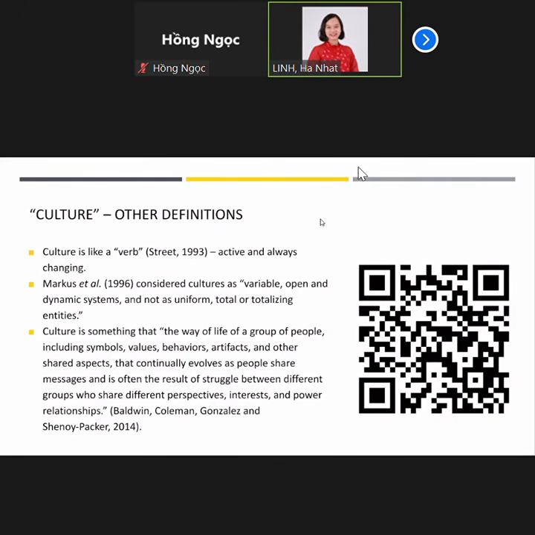Now let's look at some modern definitions of culture. In the 20th century, Strict defined culture as a verb because he thought that culture is active and always changing, as I told you before.